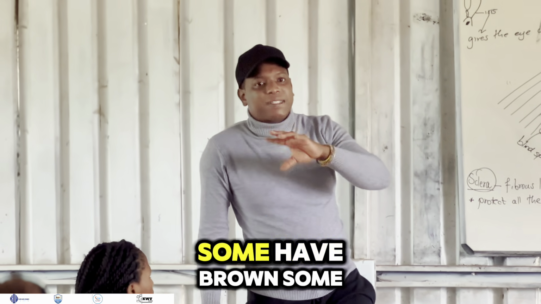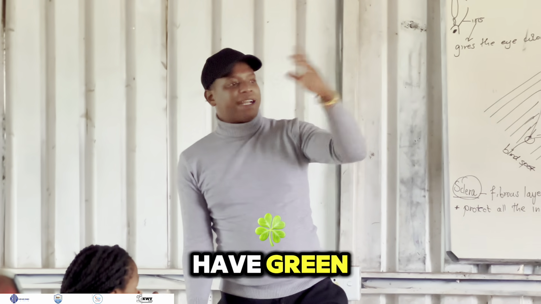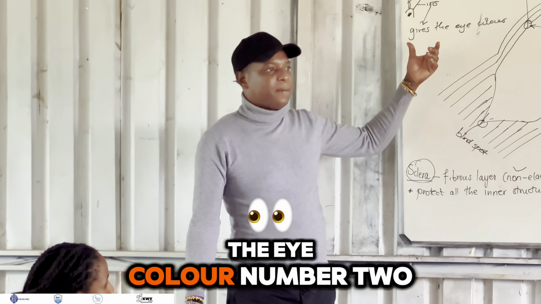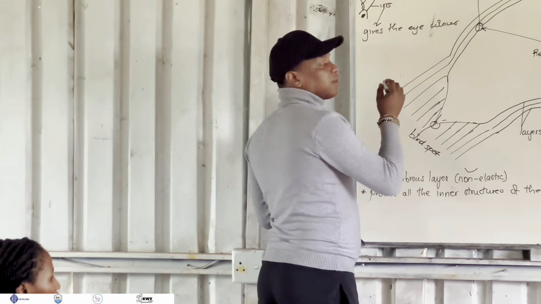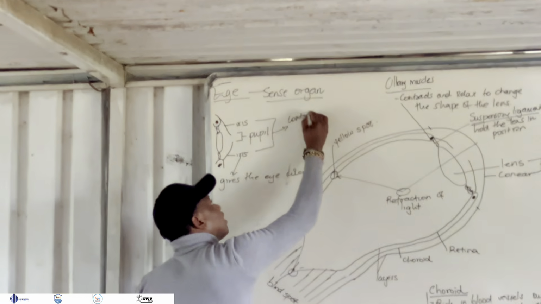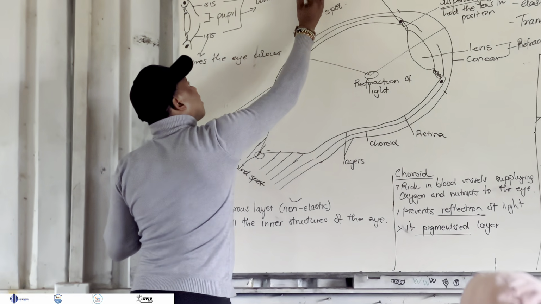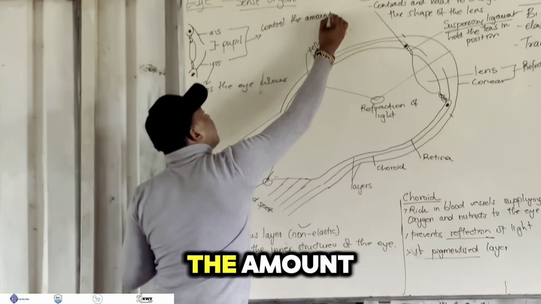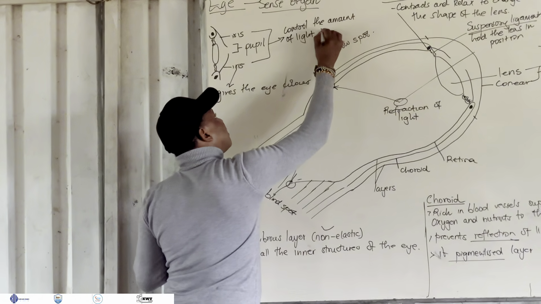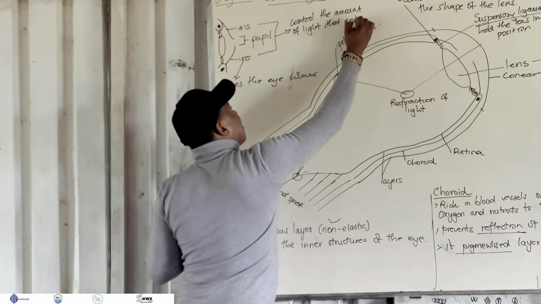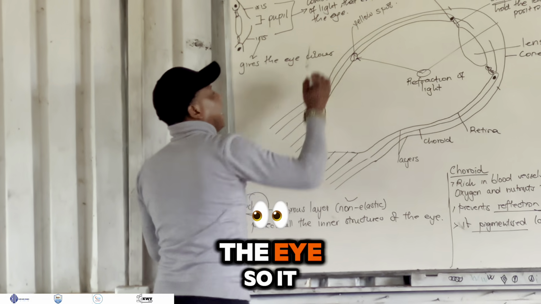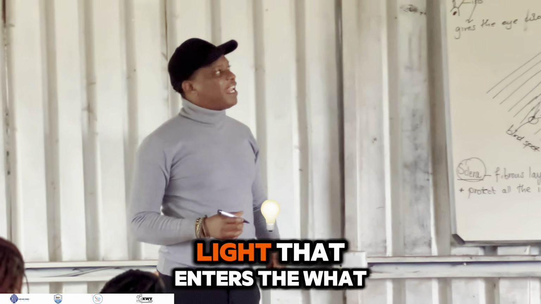Some have blue, some have brown, some have green. So the iris is the one that gives the eye color. Number two, it controls the amount of light that enters the eye.